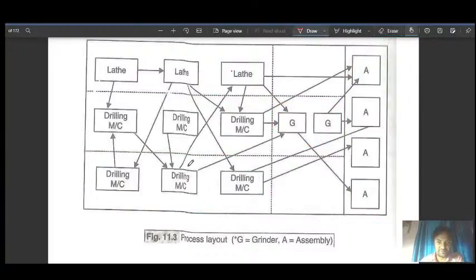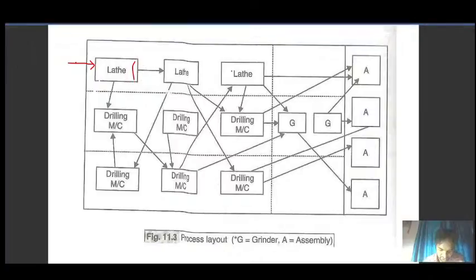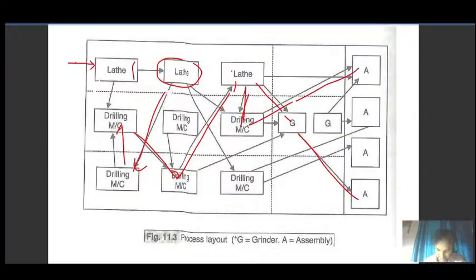A part originates from here, and then after operation on this machine, it goes to this machine. Again, after going through this machine, it goes here, again it goes here, and then it goes here. Some parts may go here, some parts go here, and then they go to final assembly, and from here it goes to final assembly.